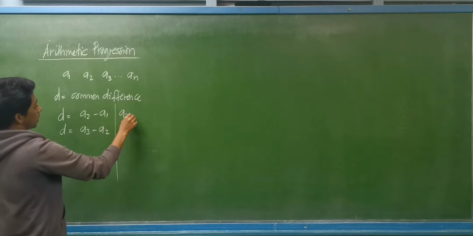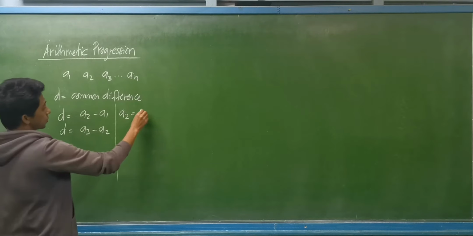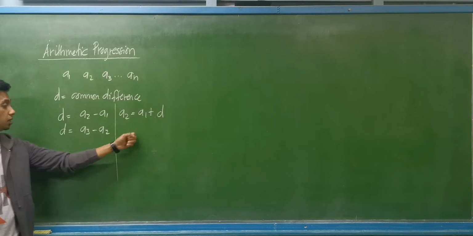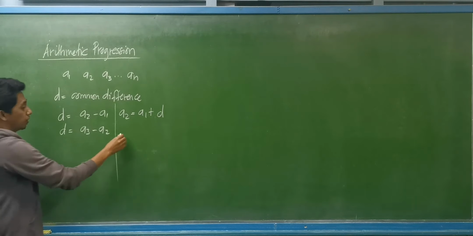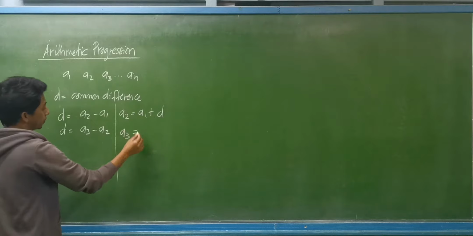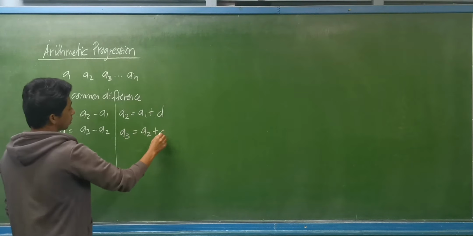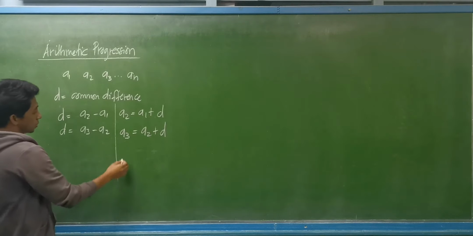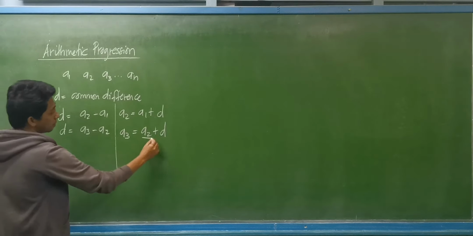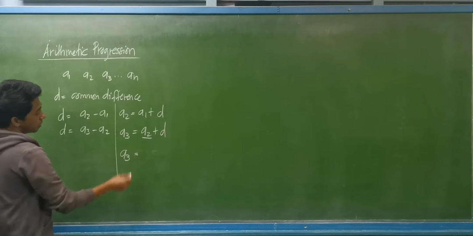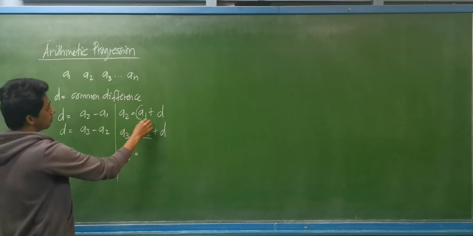So for example, how do we compute the second term? Our second term, a sub 2, is the same as the first term plus the common difference. How do we compute the third term? The third term is equal to the second term, a sub 2, plus the common difference. What is the equivalent of the second term?